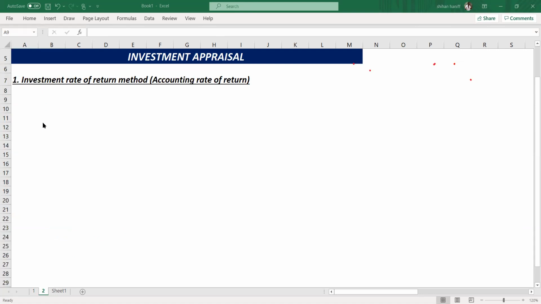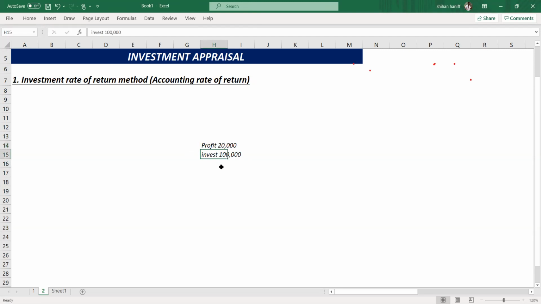So in this method, what we calculate is what is the return for the investment. Let's say we invest 100,000 and we are getting a profit of 20,000.